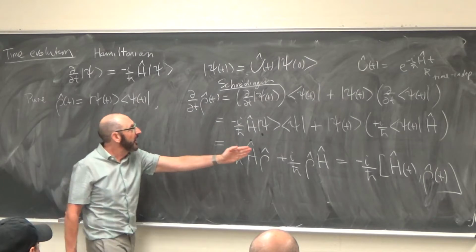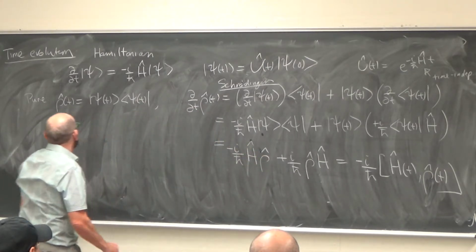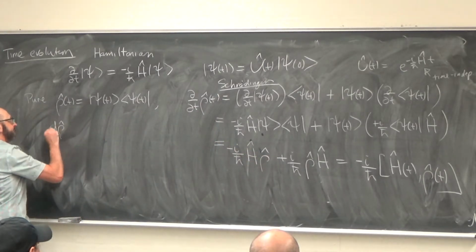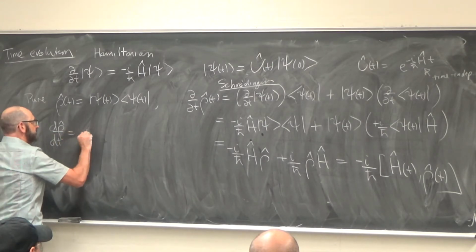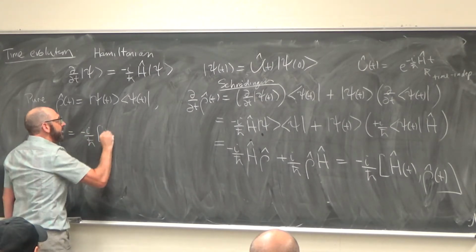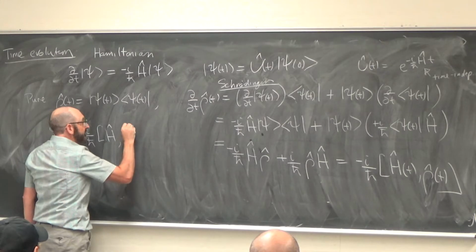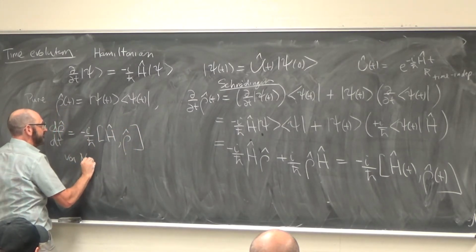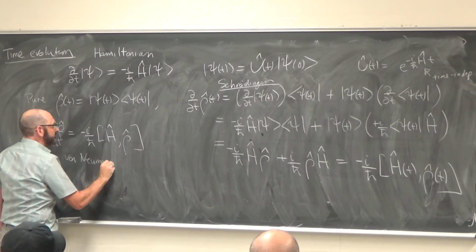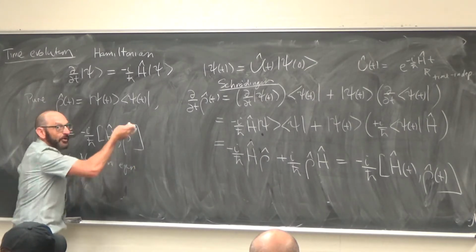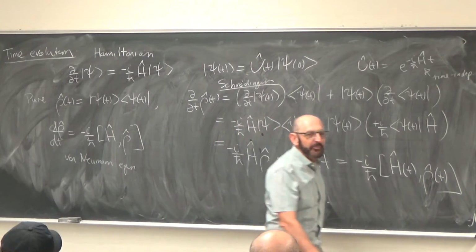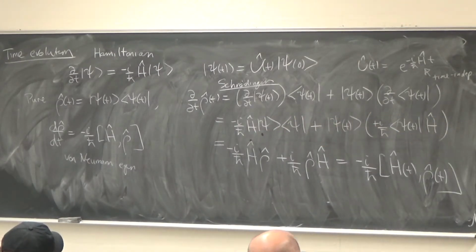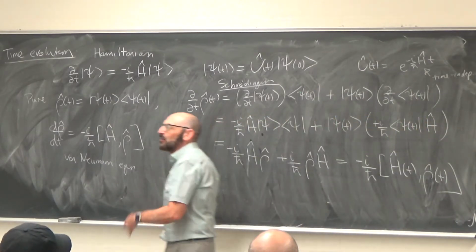And it evolves according to this equation. This equation is the Schrodinger equation, but it's sometimes known as the von Neumann equation, because it was really von Neumann who dealt with the density operator first and introduced it into quantum mechanics. So a lot of people of a certain generation call this the von Neumann equation.